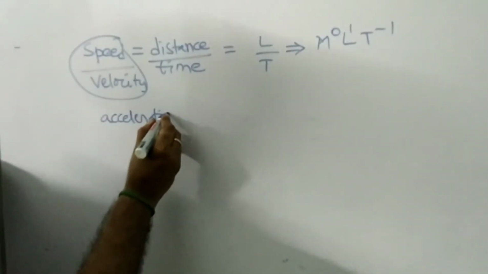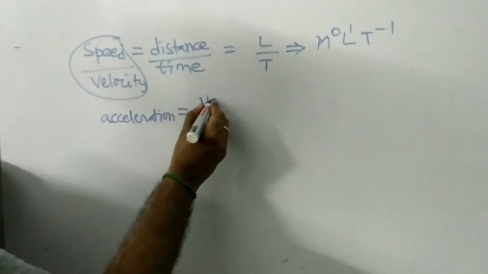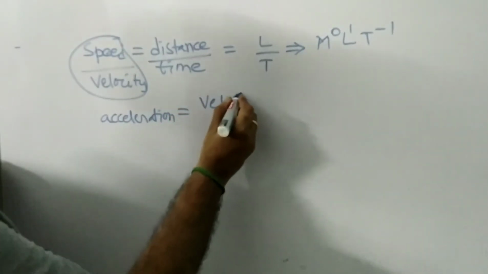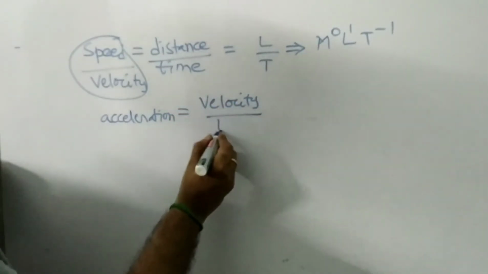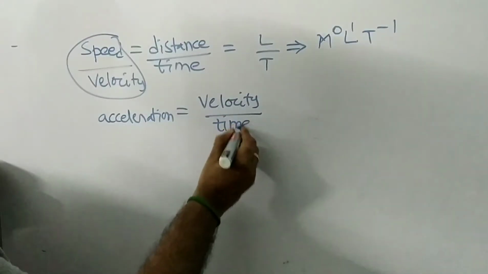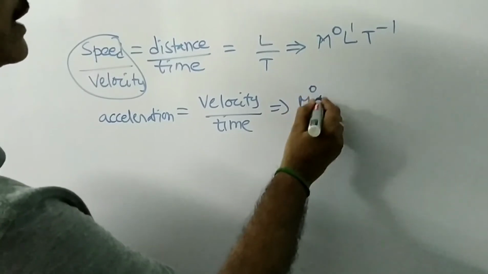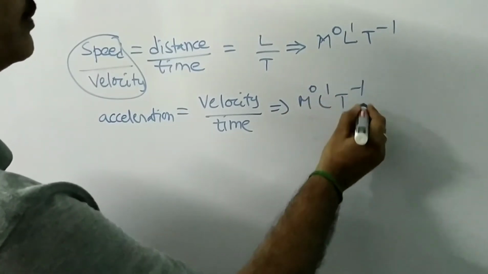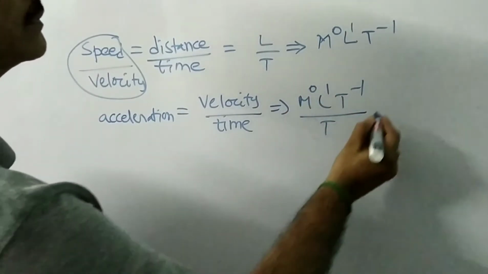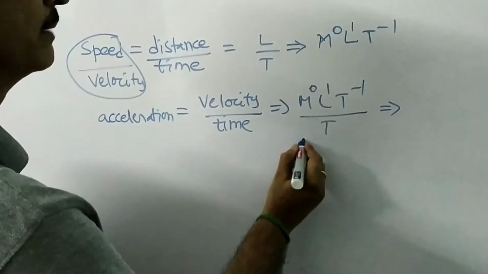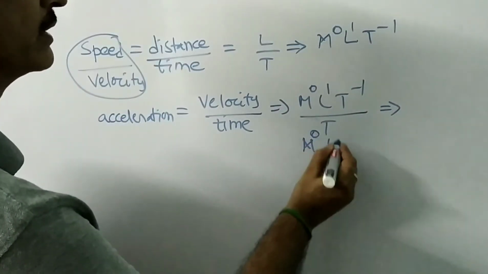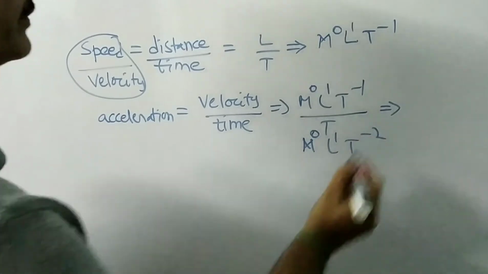If you know velocity or speed, now we can go for acceleration. Acceleration is nothing but velocity by time. Velocity just now we have M to the power of 0, L to the power of 1, T power minus 1, divided by time T. So it implies M to the power of 0, L to the power of 1, T power minus 2.